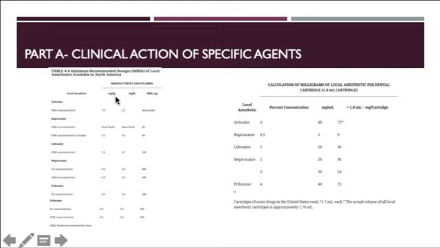These are the recommended maximum doses that are given by the manufacturer. You'll notice that you can either calculate them in terms of milligrams per kilogram or milligrams per pound. You'll also notice that there's an absolute maximum dose that should not be exceeded per appointment.